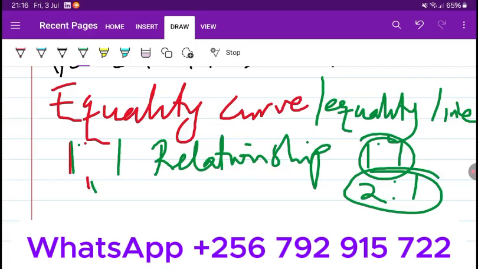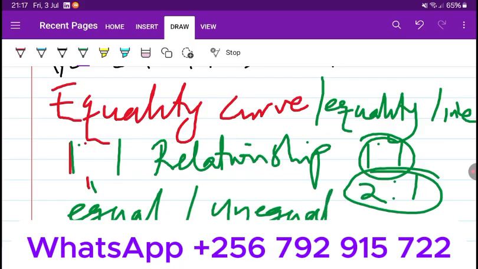What is going to help us get to that point is the equality line. It shows us the equal or unequal proportions or situations about whatever we are illustrating.